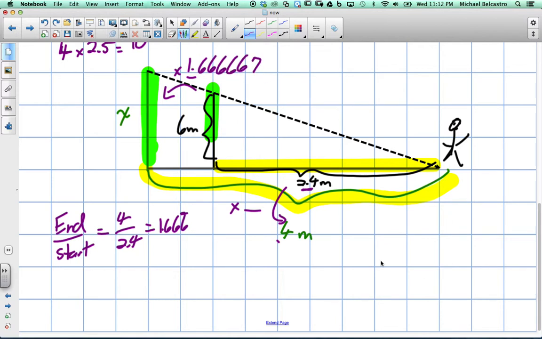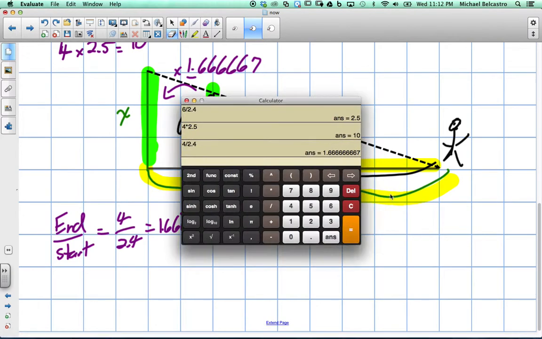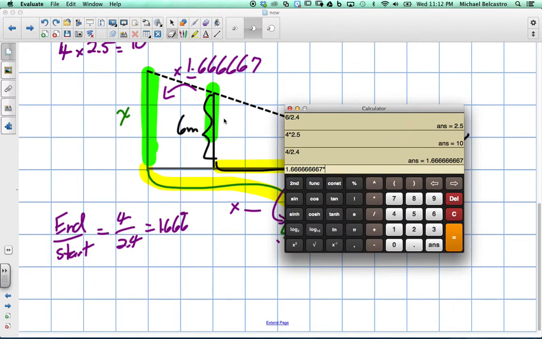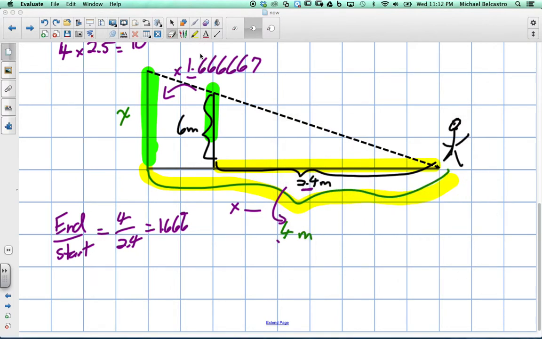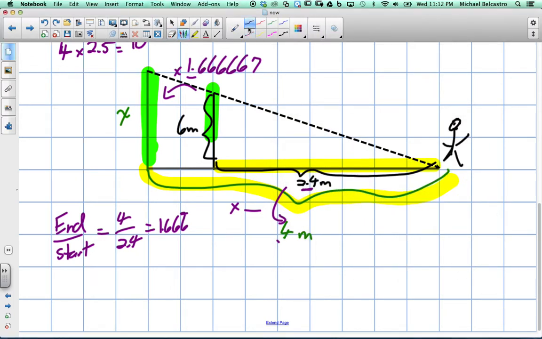In my calculator, luckily, I can keep the old value. In yours, try to go as many places as possible. Then multiply by the height of the flagpole. That should give us the height of the tree, and the height of the tree again is 10. And look at that, this diagram has set us up to solve this two different ways. So the height of the tree, x again, was 10 meters.